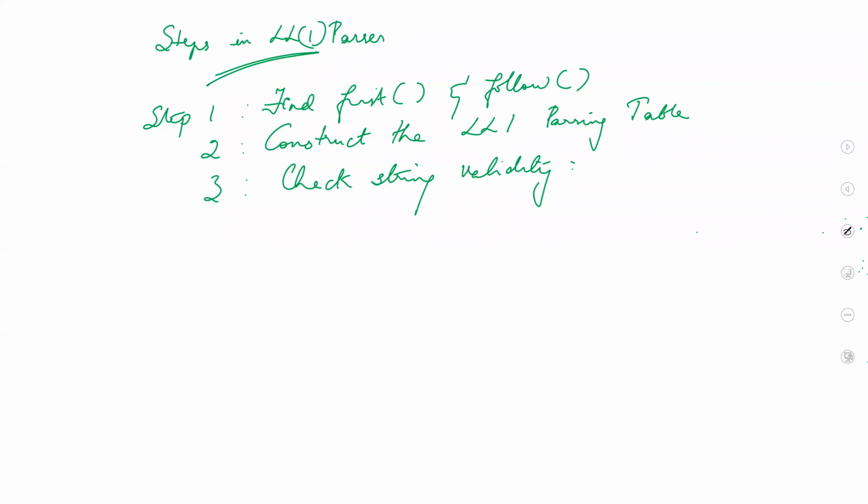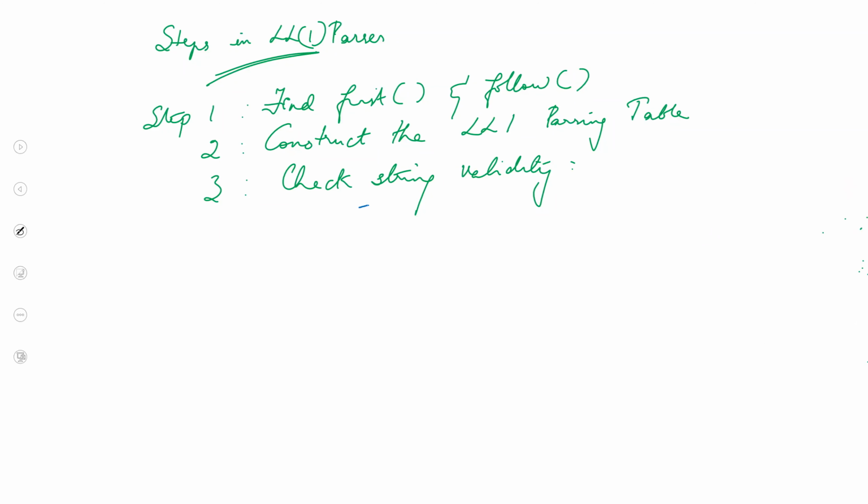Now, let's see how string validity is checked. First thing you have to do is place a dollar at the bottom of the stack. Just note these steps down; when you do a program, it will be clear. LAP is the look ahead pointer. Advance the look ahead pointer one at a time.